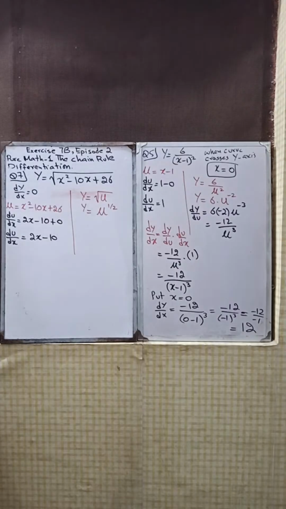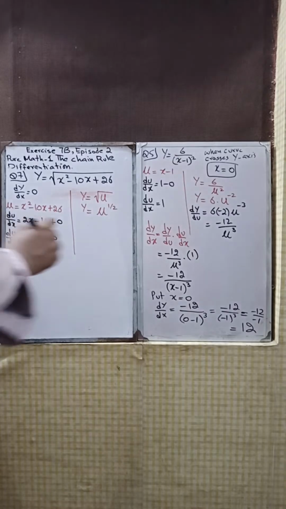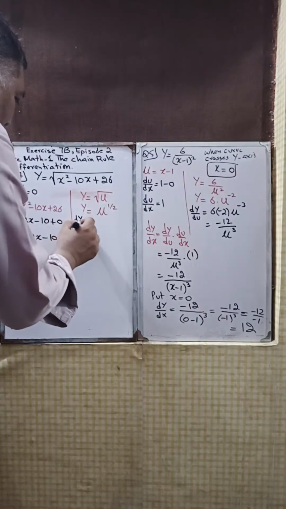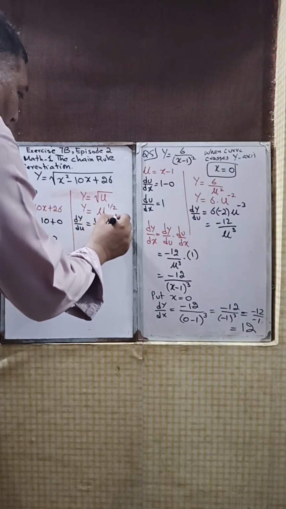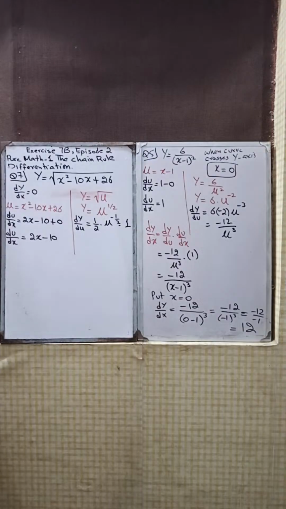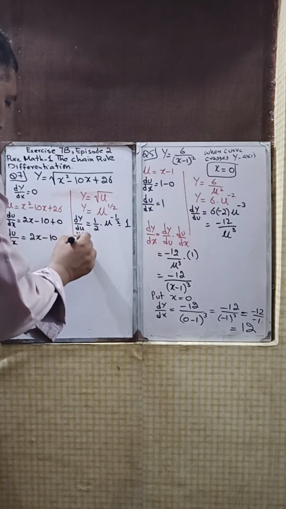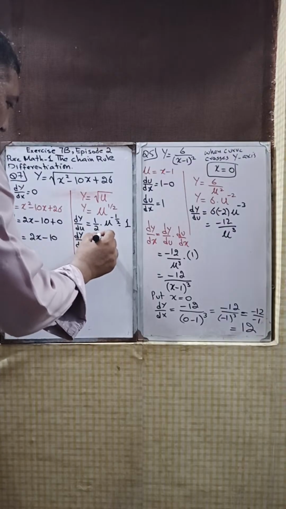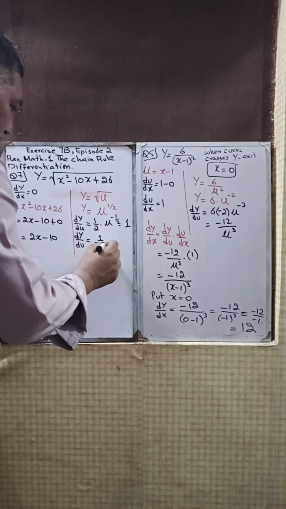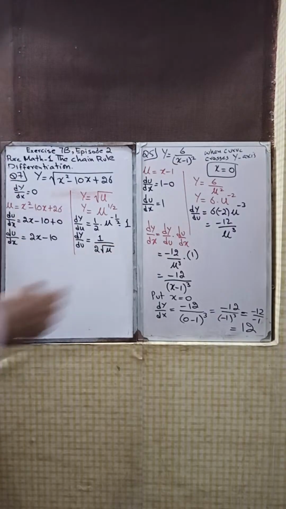Then I will differentiate y with respect to u. So it will become dy by du equals to 1 by 2 into u raised to power minus 1 by 2. You see 1 by 2 minus 1, the power will become minus 1 by 2. So dy by du is equals to 1 divided by 2 under root u. Then we will apply the chain rule.